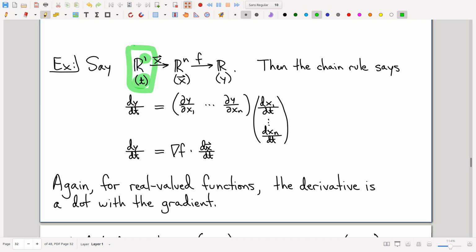The only thing that's different here in this special case is that we also have but a single output variable. And that means that the output velocity is literally a rate of change. You could say that's the rate of change of position y as a function of t, but position y is just a number, and so it's just the derivative, right? Single variable derivative. So that just makes the algebra look a little bit different.